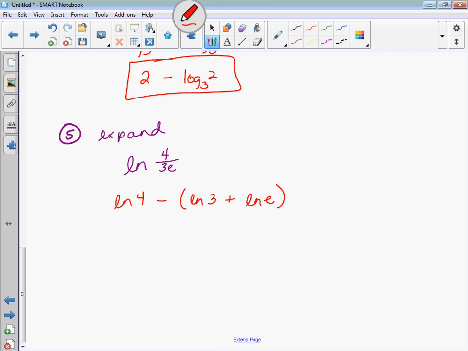Okay, so from there then you can just distribute your negative and simplify. So this is natural log of 4 minus natural log of 3 minus 1. That is your overall answer. Okay, so just don't mess up your signs. We're okay there? All right.